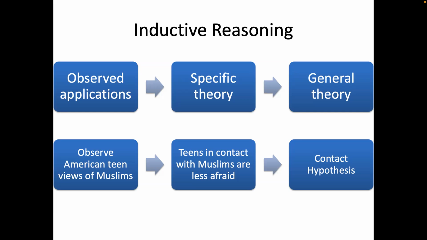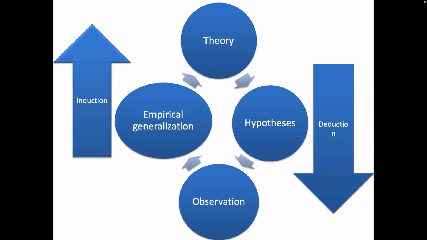It's from the ground up, just something you observe and start to form a limited theory and then a more broad theory out of that. These are the same thing. Sorry for my Microsoft Word art mangling deduction there, but it's just two different sides of that same circle that we just saw of the scientific method.